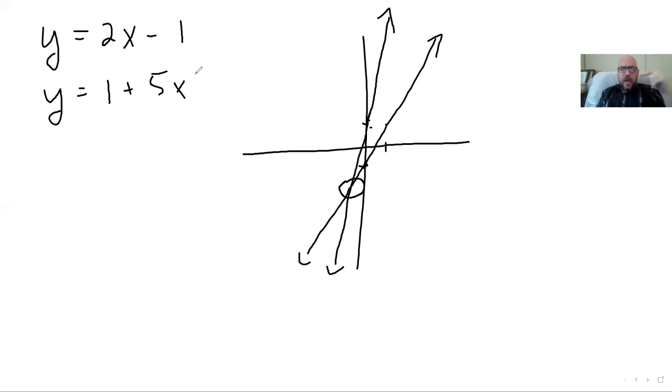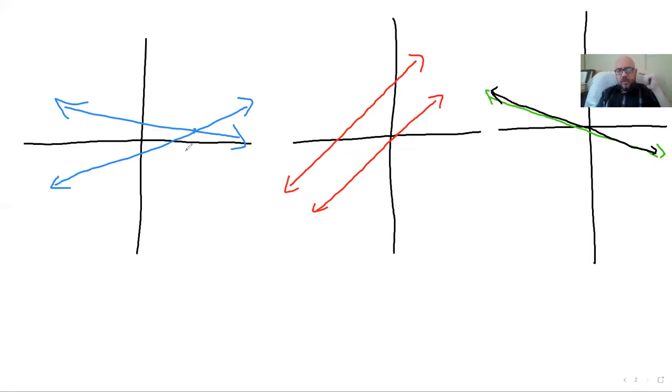And this brings up why there are exactly 3 cases. Case 1, you have a solution right here. That's where they cross. That's the solution. Case 2, you have no solutions because they don't cross. We're looking for some point that's on both lines, and there aren't any because they don't touch. And in case 3, we're looking for some point on both lines, and it's all of them.